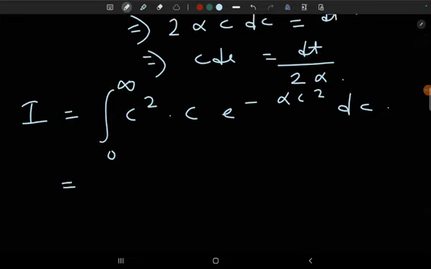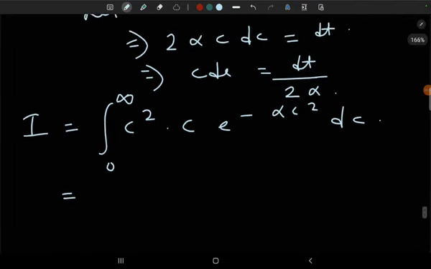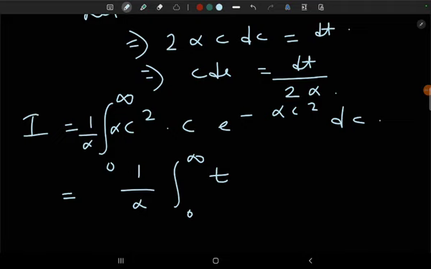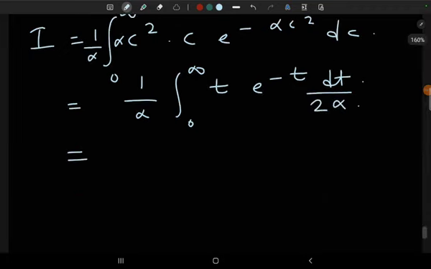We could multiply and divide by alpha, where alpha c squared was t and c dc was dt by 2 alpha, so there was a 2 alpha right here, and we had 1 by 2 alpha squared.